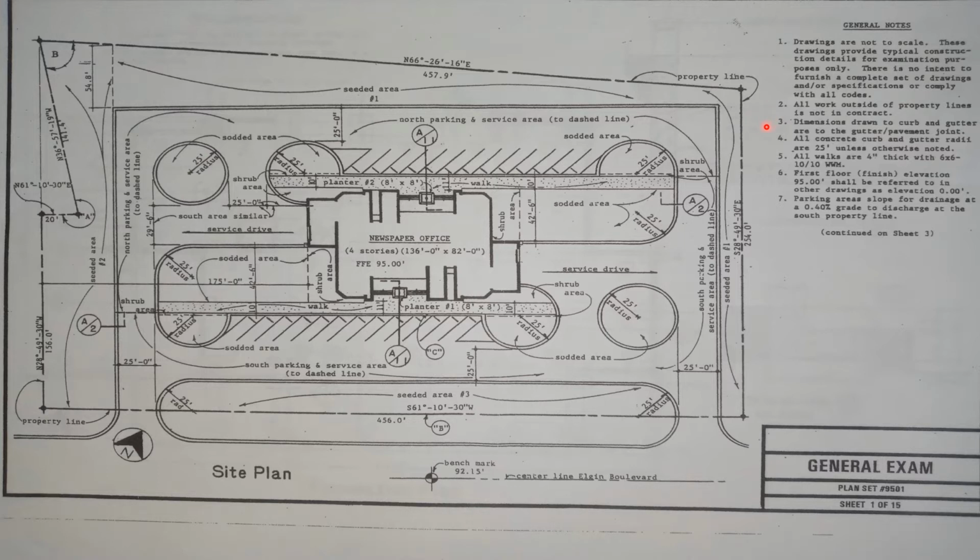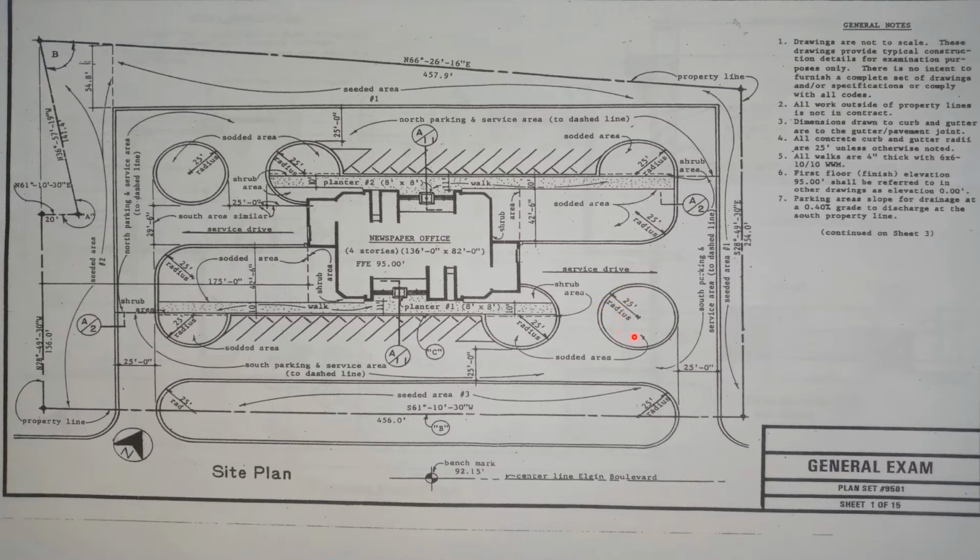Number 3 is very important. Dimensions drawn to curb and gutter are to the gutter pavement joint. So what are we talking about there? We're talking about something like this. We have this circular area that has a 25-foot radius, but it's drawn to the outside, the gutter pavement joint.